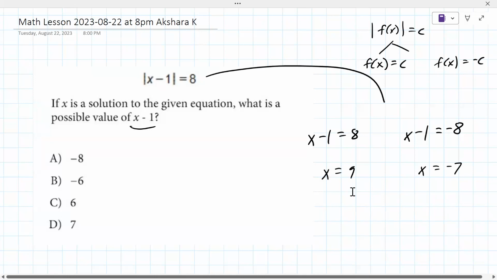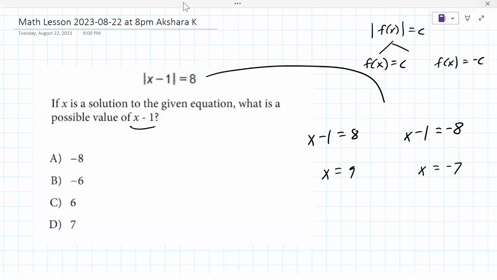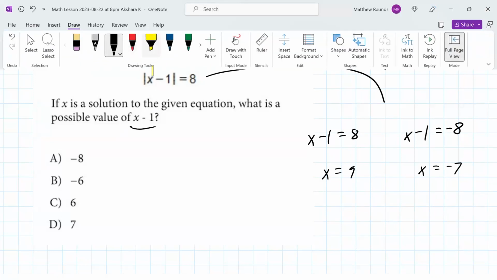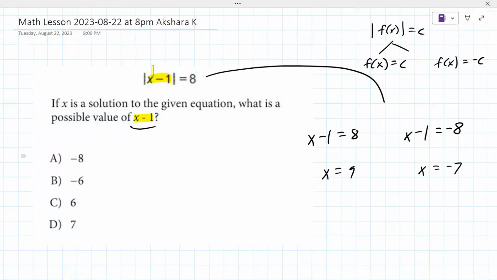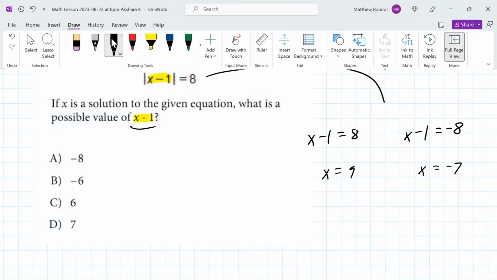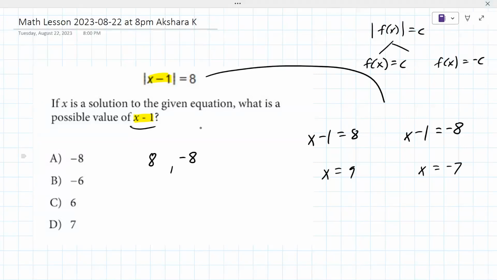It is A. So the thing that was missed, and you're not alone, is that this right here is this right here. The only possible answers are 8 and minus 8. This thing inside parentheses is either 8 or it's minus 8. Similarly, let's say I wrote a problem like this, absolute value of X plus 2 equals 6.